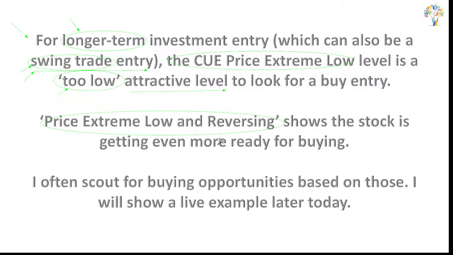That shows the stock is getting even more ready for buying. So too low and attractive to buy. Q price extreme low, keep tracking, price extreme low and reversing, getting better. And I often scout for buying opportunities based on those, meaning based on price extreme low and price extreme low and reversing. And I will show a live example later today.